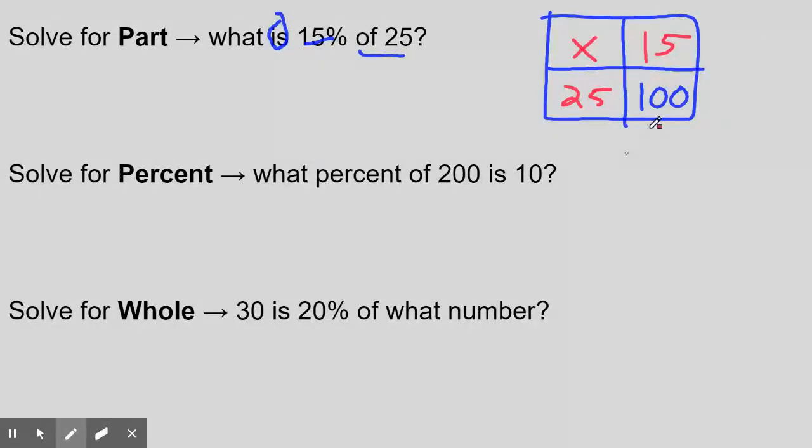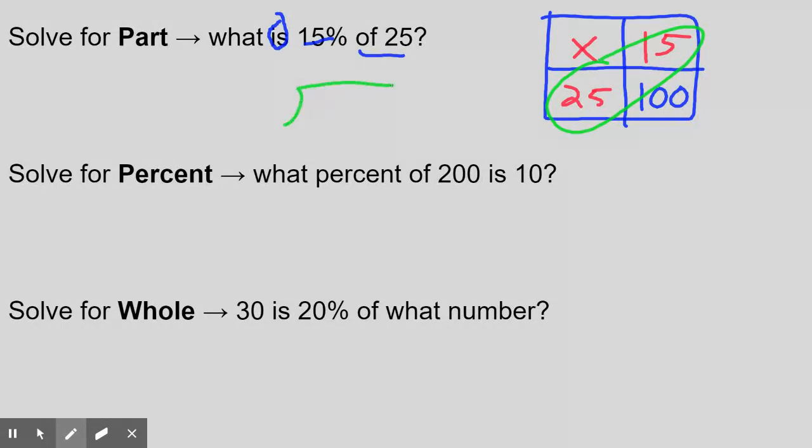So now this is set up, and all I have to do is use our handy dandy butterfly method that we've been using this entire time. So I'm going to cross multiply 25 times 15, which gives me 375.